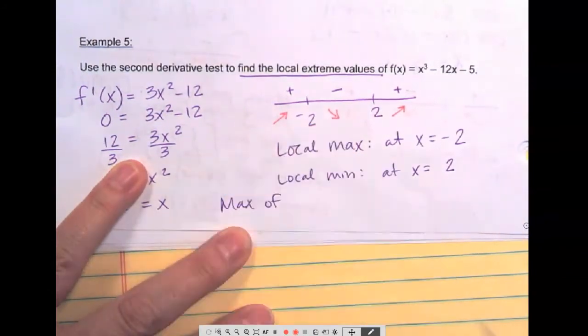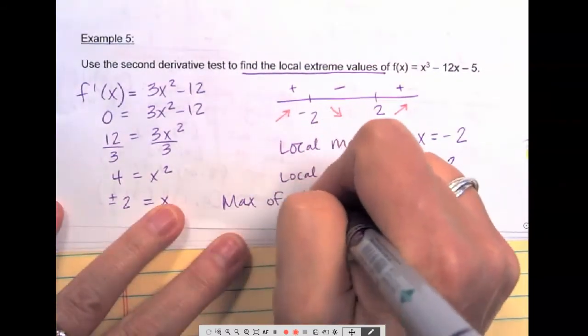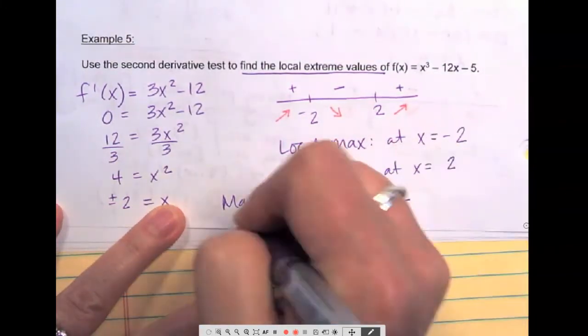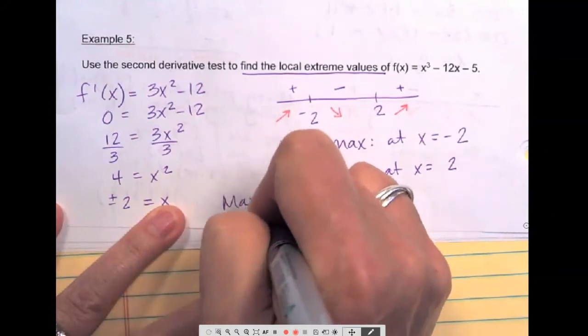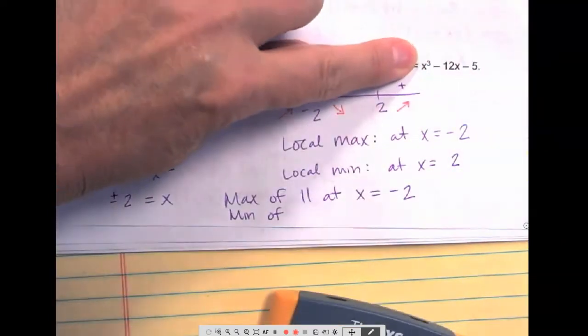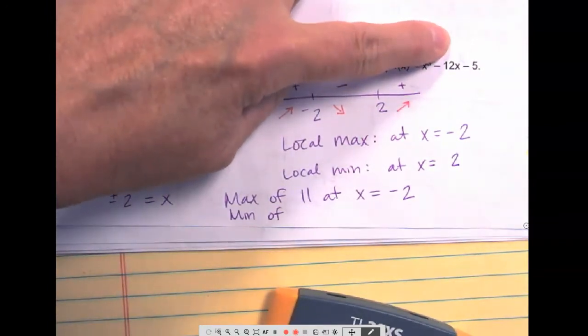Okay, so max of, all right, let's sub negative 2 in. So negative 8 plus 24 minus 5. 11 at x equals negative 2. A min of, now I'm going to sub 2 in, so that's 8 minus 24 minus 5.